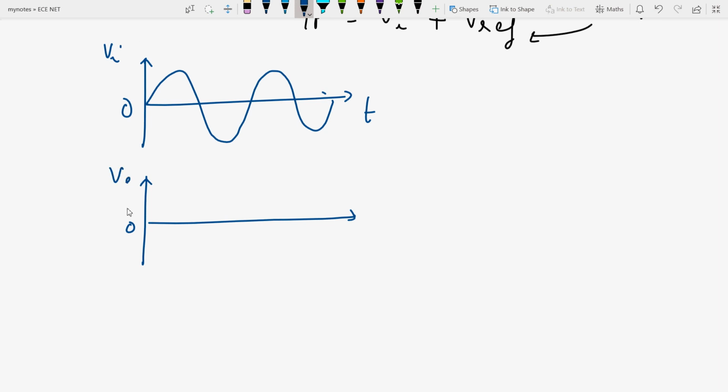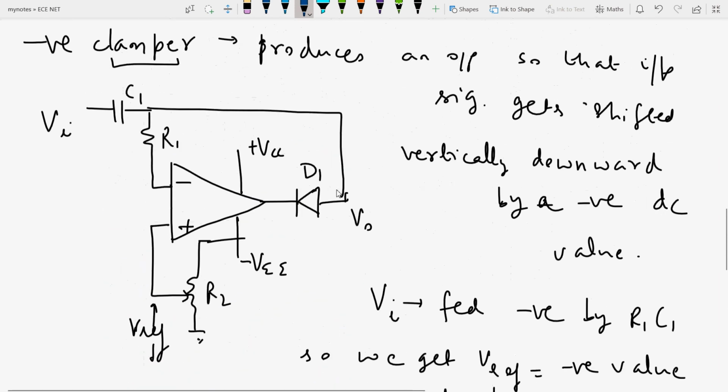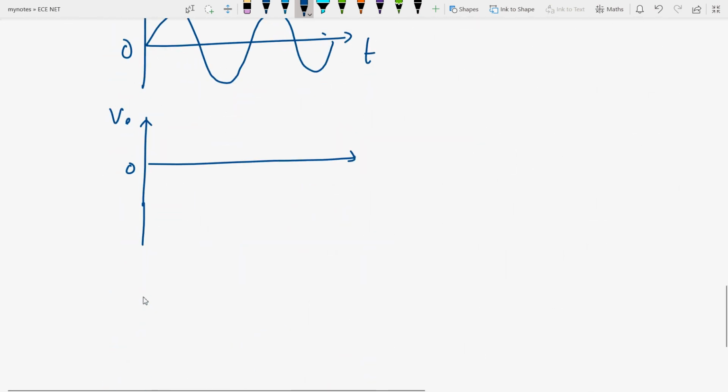This is the output signal waveform. Because it is the circuit of a negative clamper, only the diode polarity and the reference voltage polarity are reversed, okay. So here it will shift the input signal vertically downwards by some DC level, the required DC level, and the signal will shift like this, okay. It will be like this way, okay.